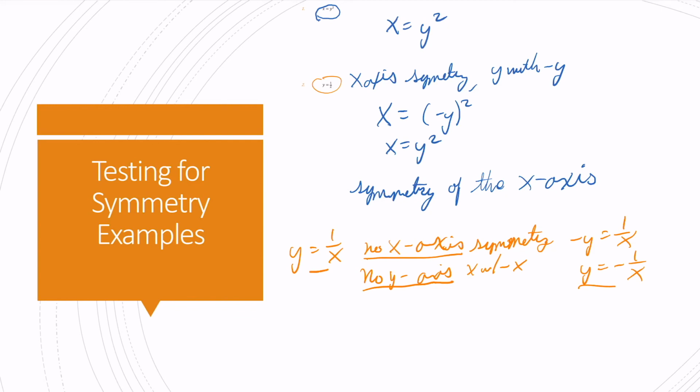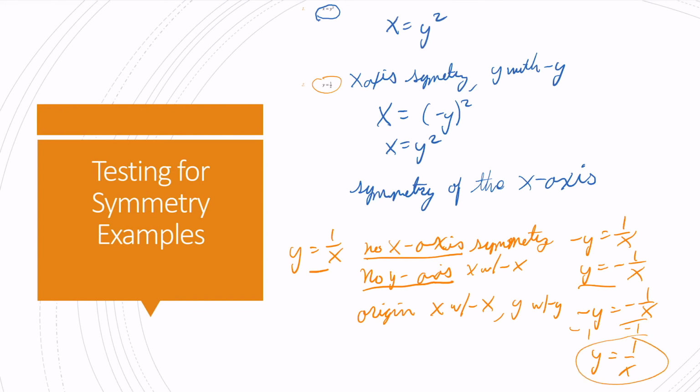That means I replace x with negative x, and y with negative y. That would give me negative y equals negative 1 over x. If I multiply both sides by negative 1, I get y equals 1 over x. Because both of these look the same, there is symmetry about the origin for this equation.